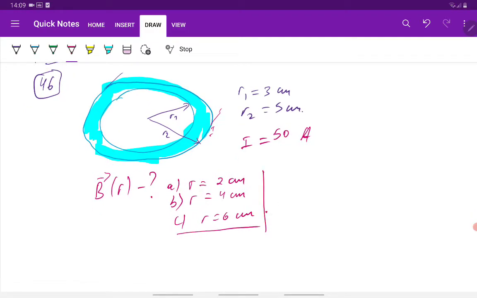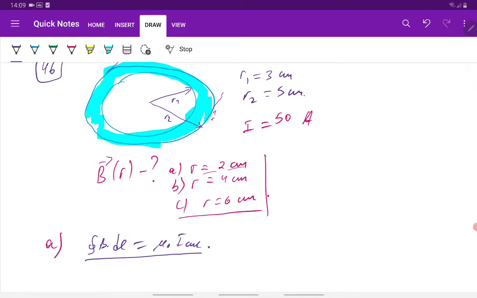So first let's start with part A. r equals 2 centimeters means that it's smaller than R1. Then we need to calculate the magnetic field in this empty space, inside the hollow cylindrical conductor. First we need to apply Ampere's law, the closed integral of B dot dl equals mu0 I enclosed.